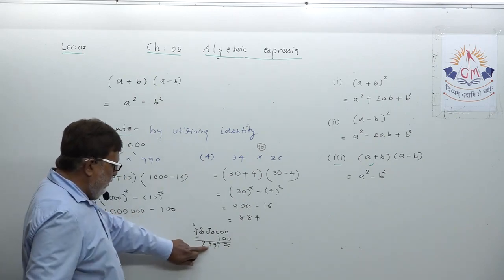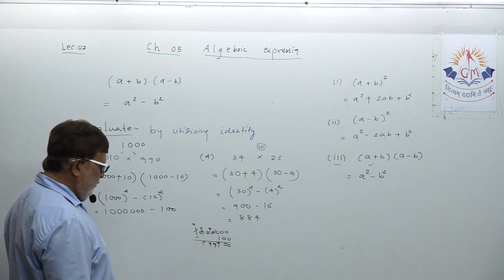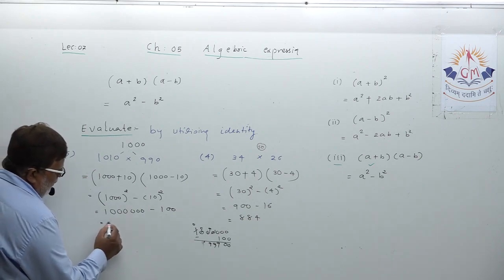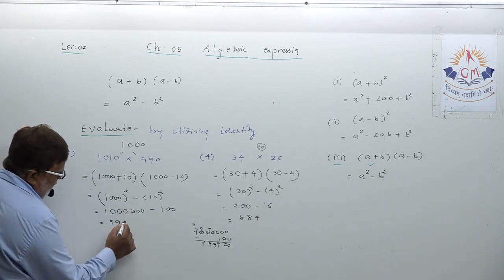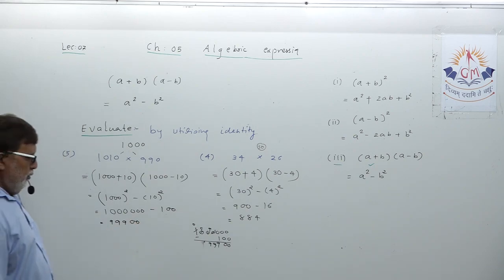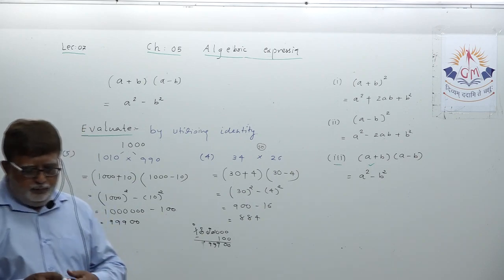Understand? Okay. So you understood this. What is your answer? Can you tell me? Your answer is 99900. Understand? So this way, dear student, you can solve any example.